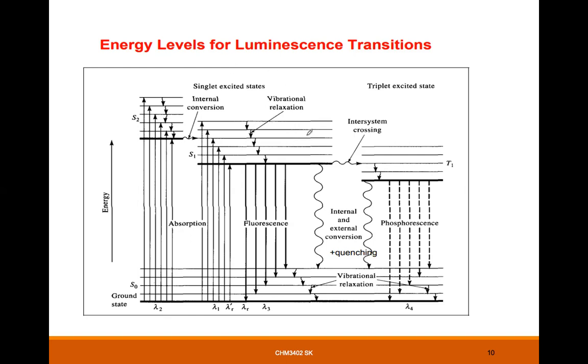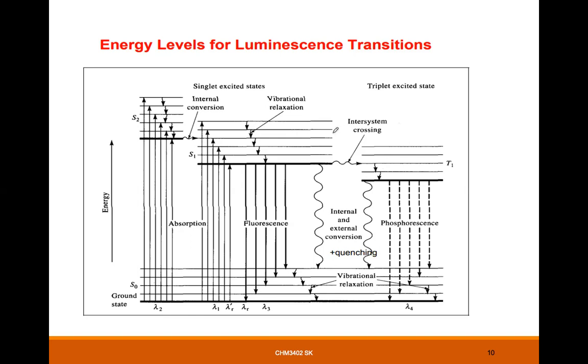The electron can decide to move to another excited state, a lower electronic excited state but at a higher vibrational level. You can see S2 higher, S1 lower, and probably a lower excited state but a higher vibrational state. It is called inter-system crossing.